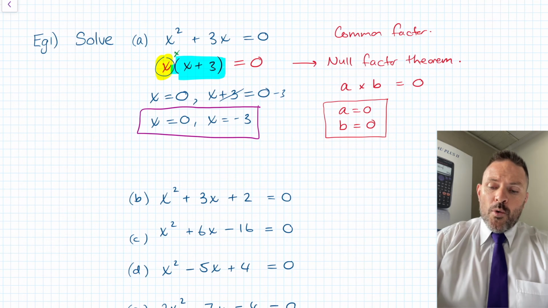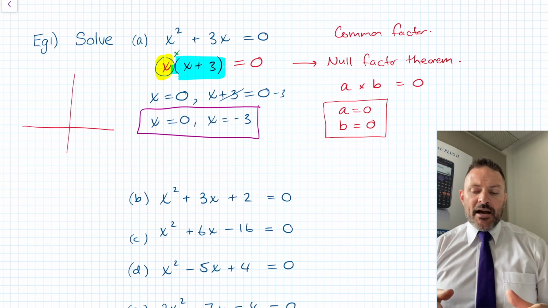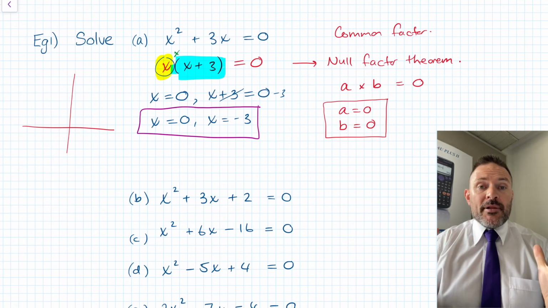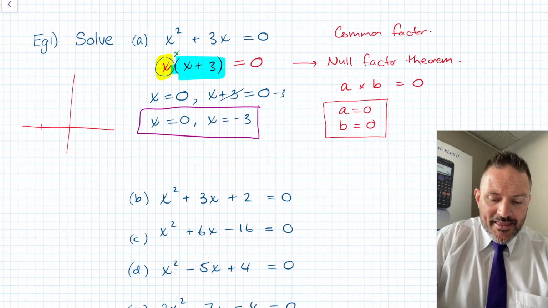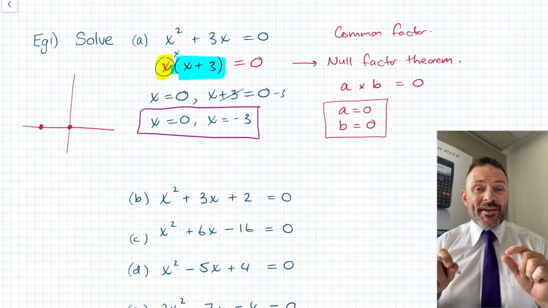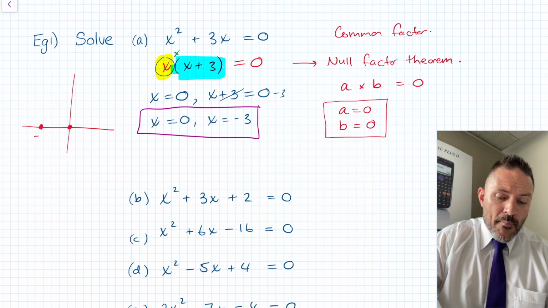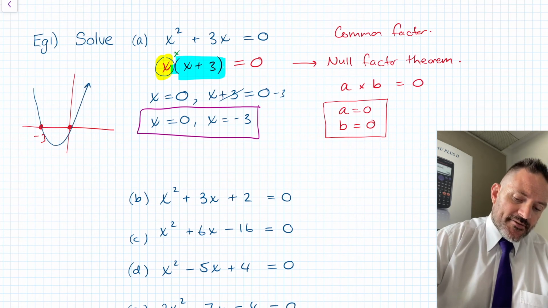Now, later on we'll draw or sketch the graph of this parabola, because it's a quadratic, and these two values are the roots, or the solutions, or the x-intercepts of my parabola. And my parabola looks like this.